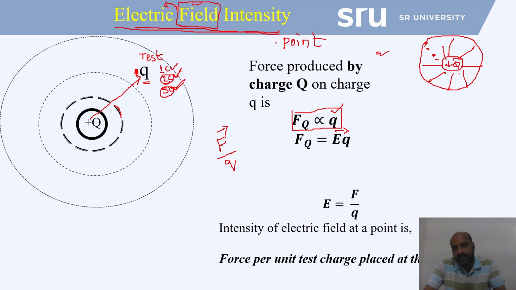So you can place any amount of charge, but it is better to measure per unit charge. That is the standard way to measure the electric field intensity. And of course, it will be different at different points.